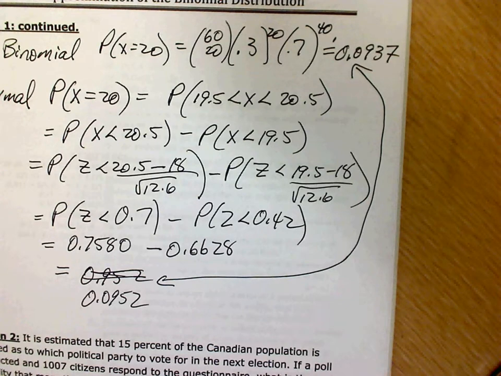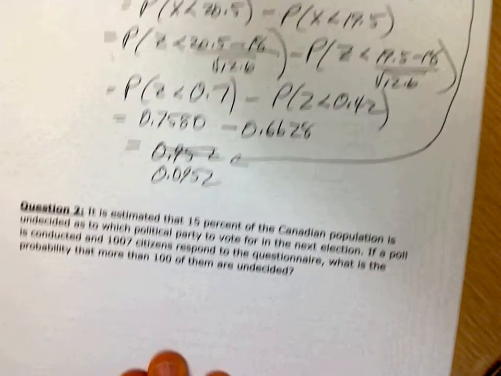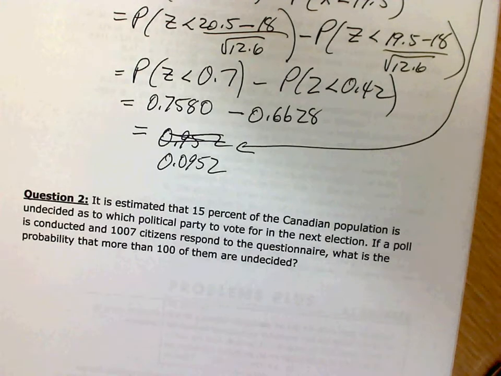Let's do one more example. It is estimated that 15% of the Canadian population is undecided as to which political party to vote for in the next election.